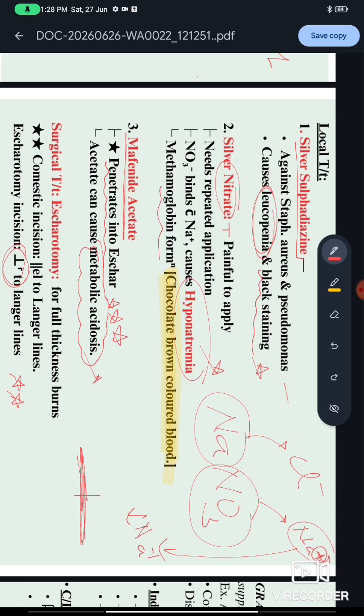This is important because, for example, if this is the mandible of the patient, this is the face, this is the mandible, Langer lines run like this. So to prevent any scar formation, all the incisions that you are giving electively are given parallel to the Langer lines. However, escharotomy incisions are given perpendicular to the Langer lines.